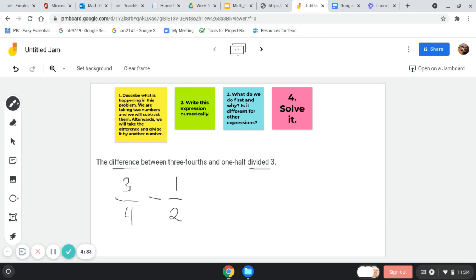Since that's what the expression is asking us to do first, we're just going to put some parentheses around it so that it indicates that that is the first thing we have to calculate. Now it says the difference between 3/4 and 1/2 divided by 3. So now we're going to take that difference and it will be divided by 3.